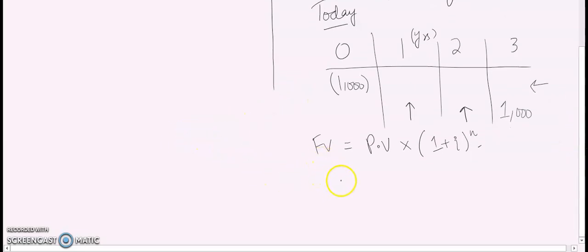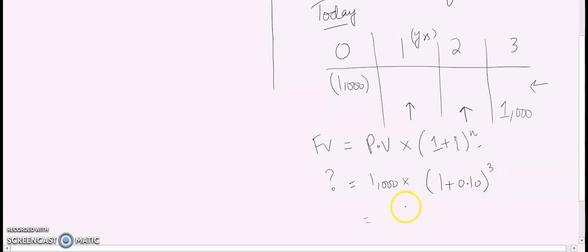So what is the future value? We have to find out. This is the variable. Now what is the present value? That is 1000. What is the interest? That is 0.10, that is 10%. For how many years? 3 years.